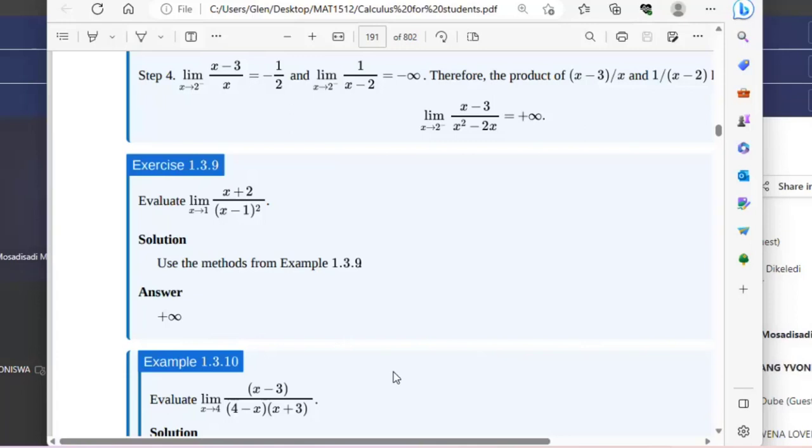So meaning now, if we're supposed to calculate the limit when x approaches 4 to the right this time around, we are going to get the same thing as when it approaches 4 to the left. So there's no difference. Are you sure, Lebo? To be sure, I'm not. I'm not sure. That's where I don't understand this concept.